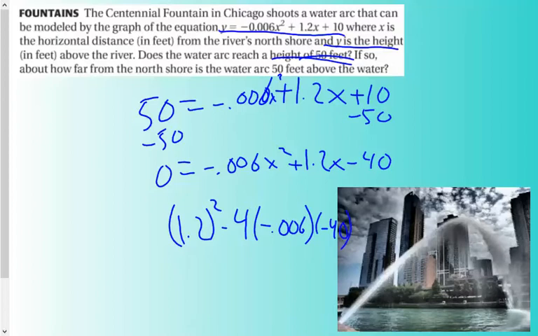I'm going to grab my calculator here and punch that in. 1.2 squared minus 4 times negative 0.006 times negative 40, and I'm getting 0.48. So yes, it does.